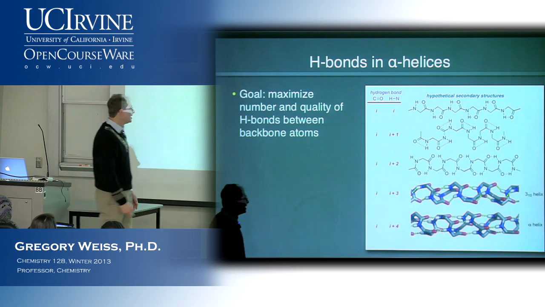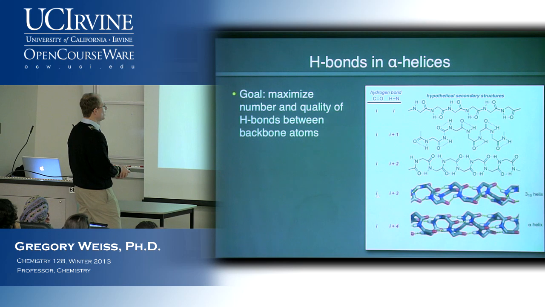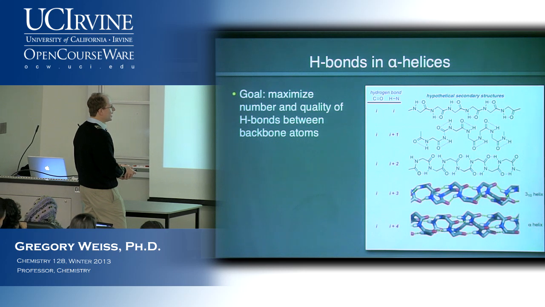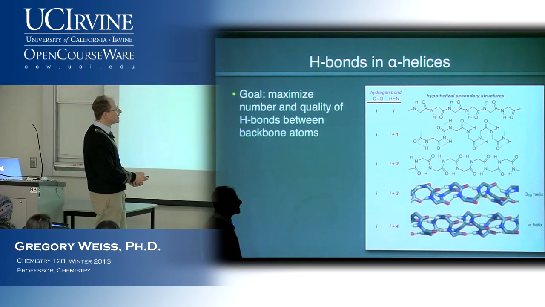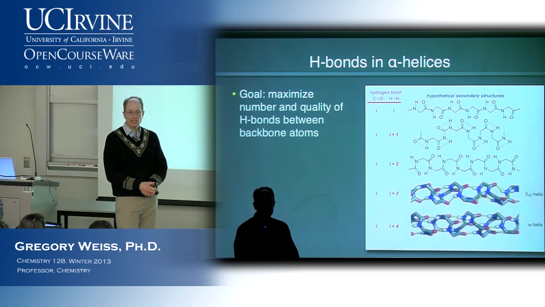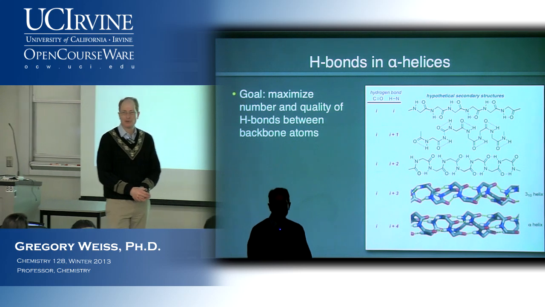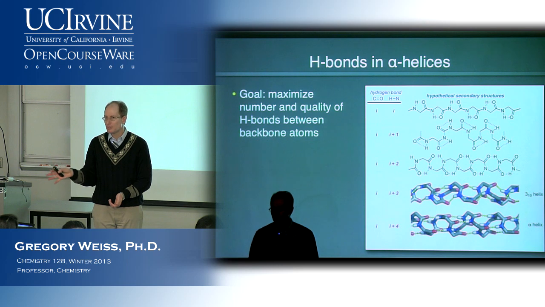Where things start to get interesting is when we get to interactions between a carbonyl on the I residue and an NH on I+3. So that's 3 residues away. That sets up a hydrogen bond that's nearly the right angle. And this kind of very twisty helix is called the 3-10 helix. It's observed. We can find 3-10 helices. They're important in cell signaling for binding to, for example, SH3 domains. We can find those, and we'll talk more about those later.